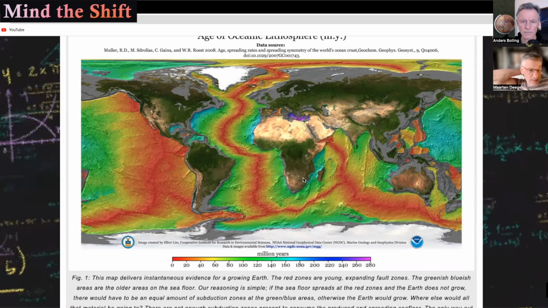This should be the proof that Pangea had existed, so Africa joined to South America, India was against Africa, and Australia was against Antarctica. I guess most of your listeners know this Pangea idea.